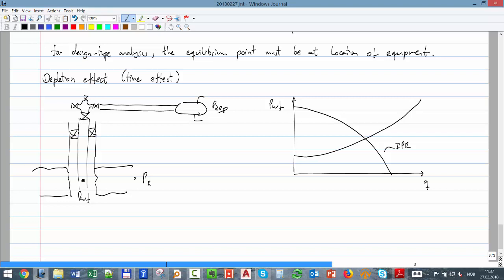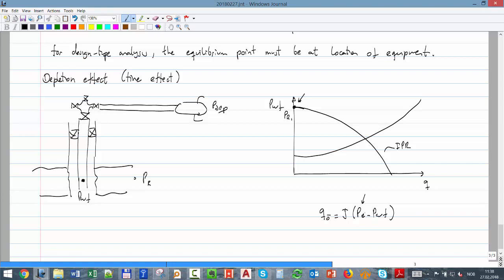So what will change with depletion? Reservoir pressure will go down, right? Okay. So where do we have reservoir pressure here in this plot? This one here, right? This point here is exactly reservoir pressure 1. With depletion, what will happen is that this curve, the deliverability of the formation, if we use QO, this equation, right, for liquid, this number will go down, okay?